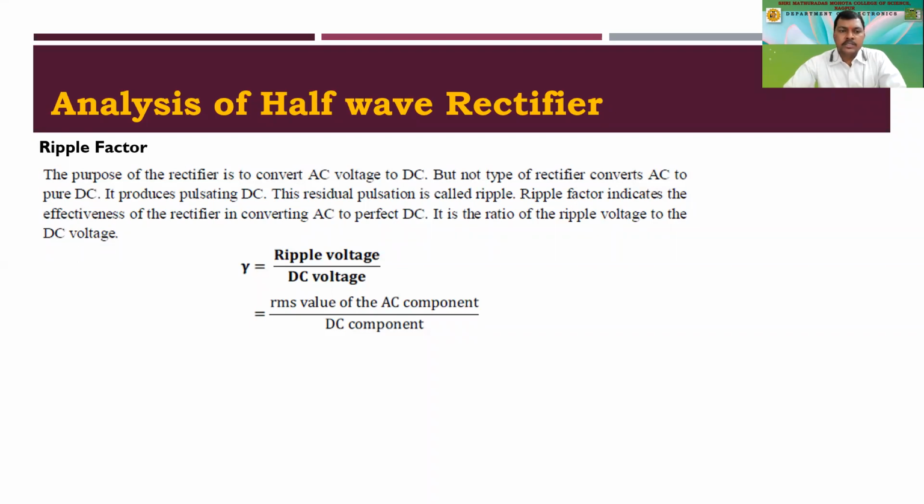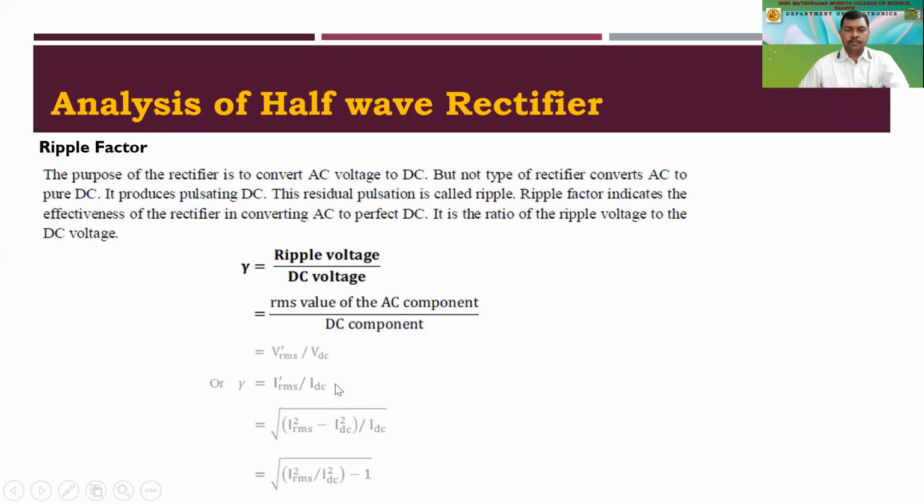So the ripple factor indicates the effectiveness of the rectifier in converting AC to perfect DC. It is the ratio of ripple voltage to the DC voltage. So we have gamma equal to ripple voltage by DC voltage. Ripple voltage is nothing but the RMS value of the AC component divided by the DC component. You substitute this, that is V dash RMS divided by VDC, or gamma can be written as I dash RMS divided by IDC.